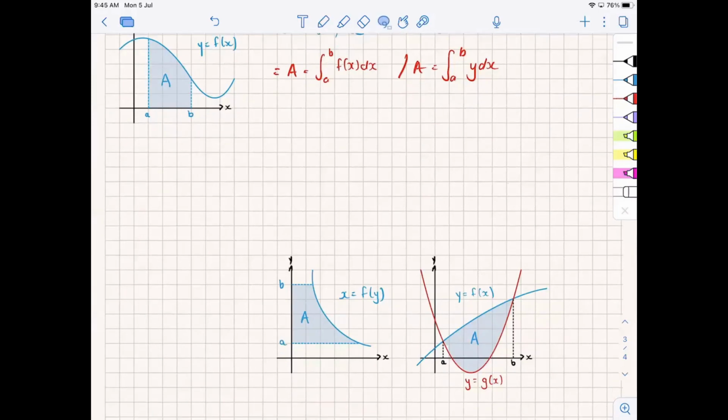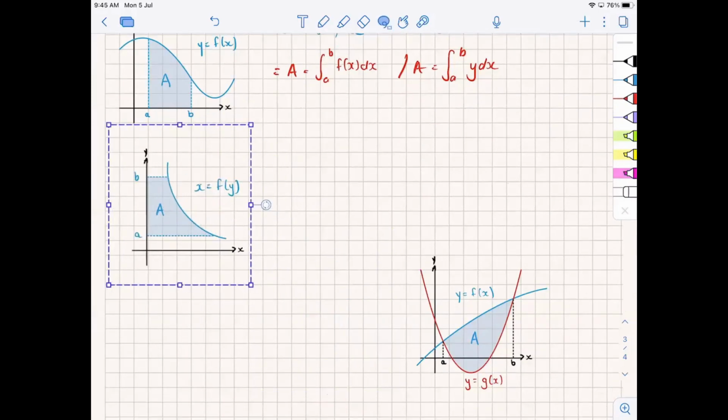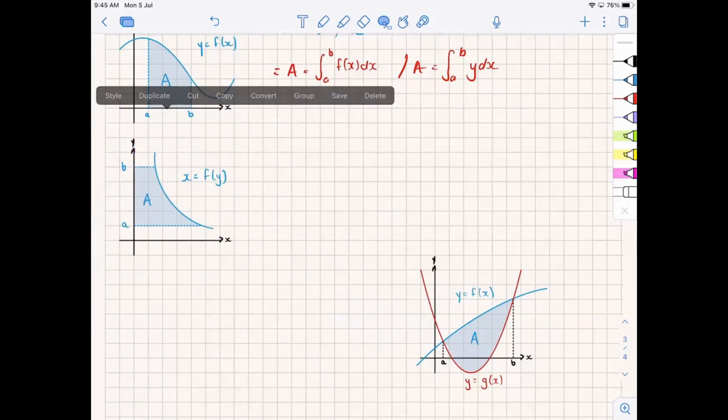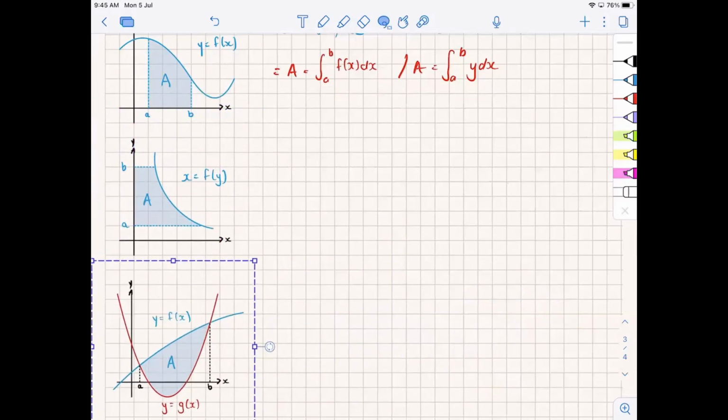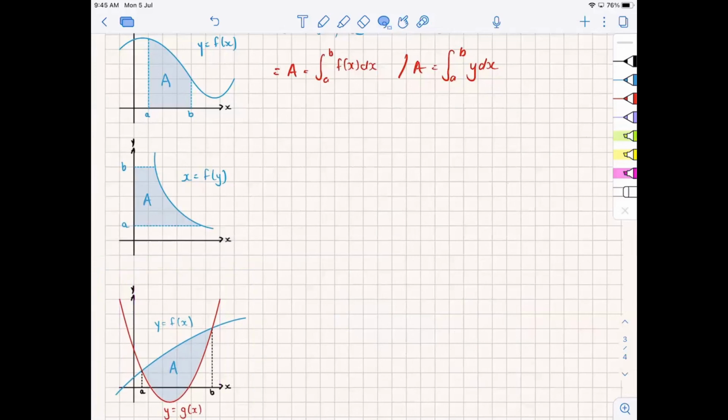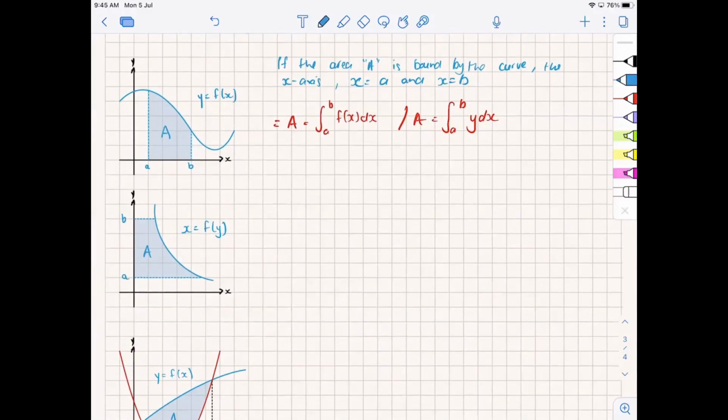But we also learned that we can do the same thing with the y-axis. So if the area is this time bound by the curve, the y-axis, y equal to a and y equal to b, right?